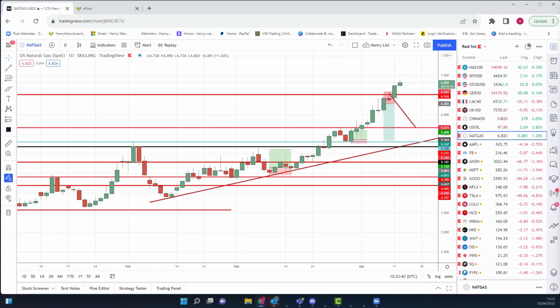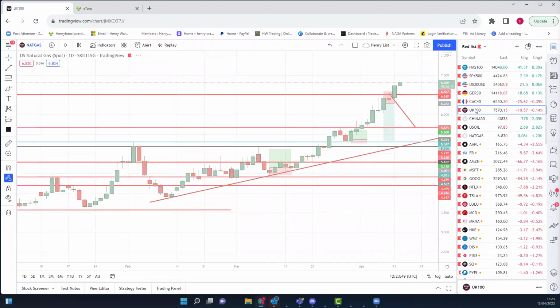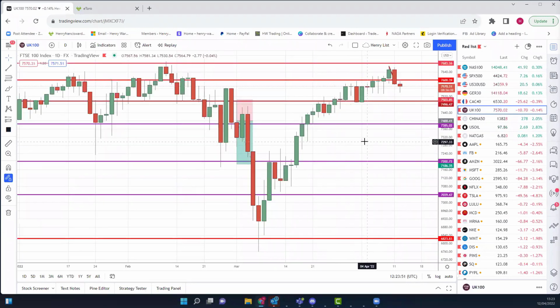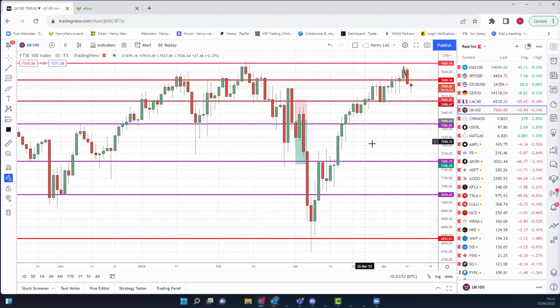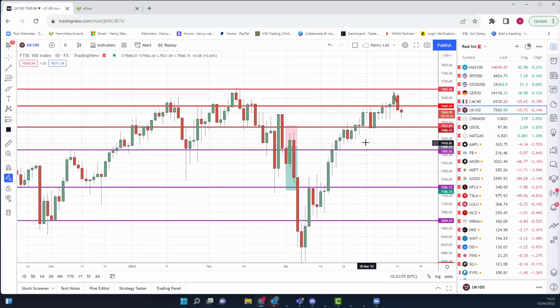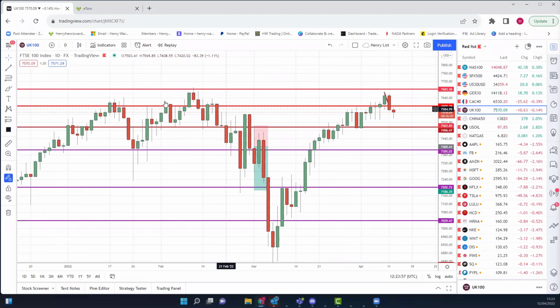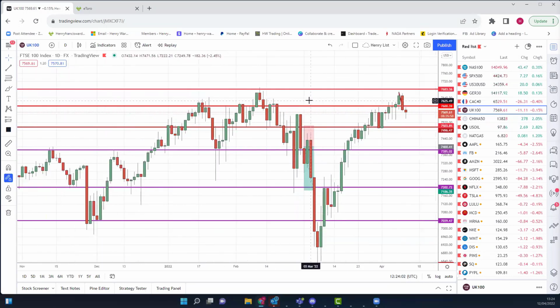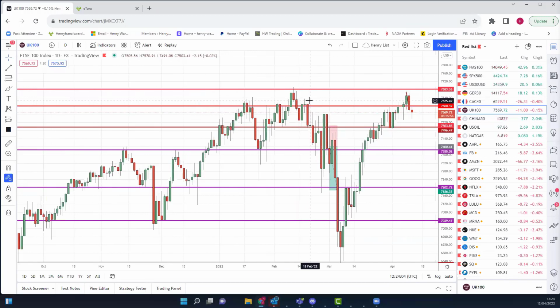Okay, cool. Some people on the group also put up that they were shorting the UK100. Let's have a quick look at the UK100. Again, we talked about this one, didn't we? We talked about potentially taking it short versus potentially taking it long.